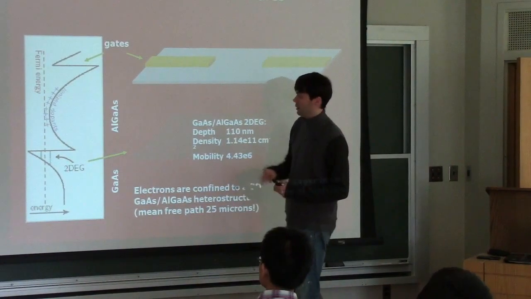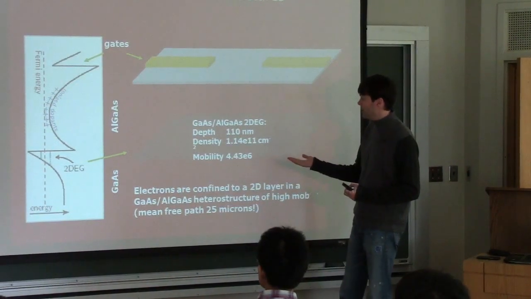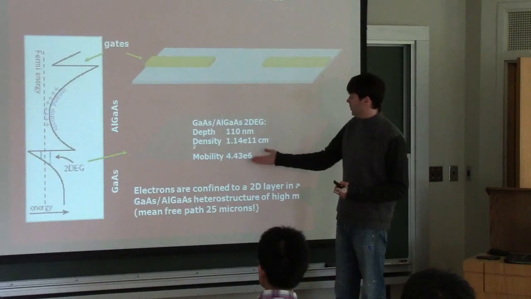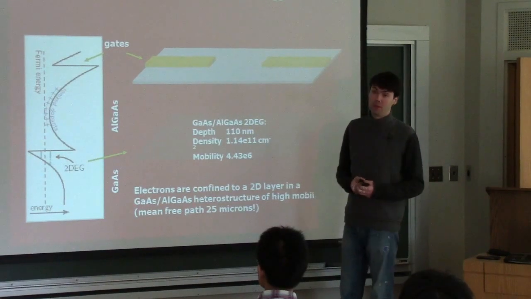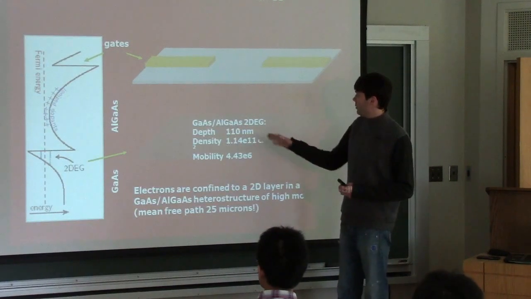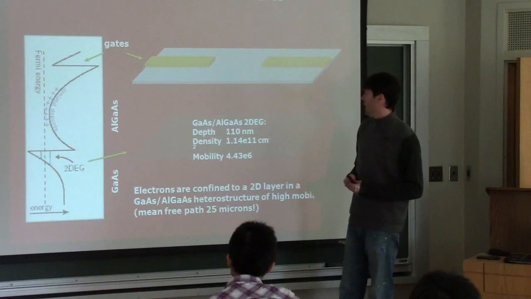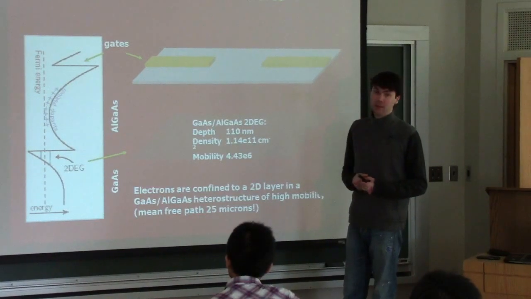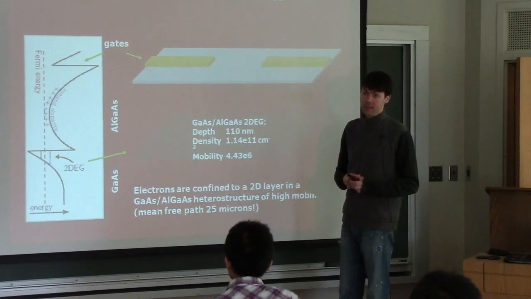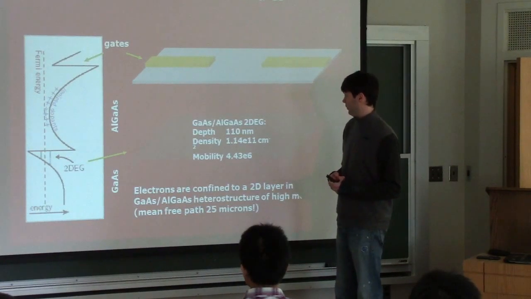Now, these layers of two-dimensional electrons can have very high mobility of several million in the units of centimeter squared per volt second, and their densities are 1 to 3 times 10 to the power of 11 inverse square centimeters. Those are the typical densities for these structures.